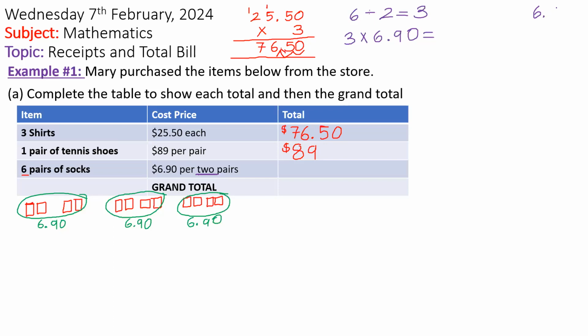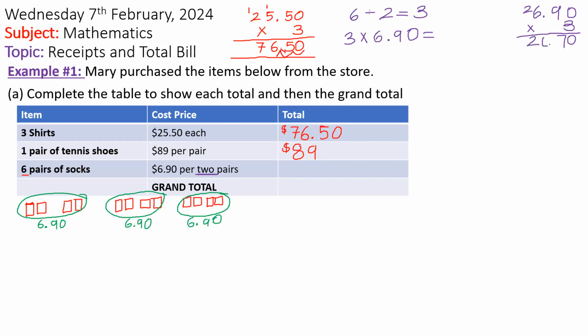So we have 690 multiplied by 3. 3 times 0 is 0. 3 times 9 is 27. I'm going to put the 7 down and put the 2 above. 6 times 3 is 18, 18 plus 2 is 20.